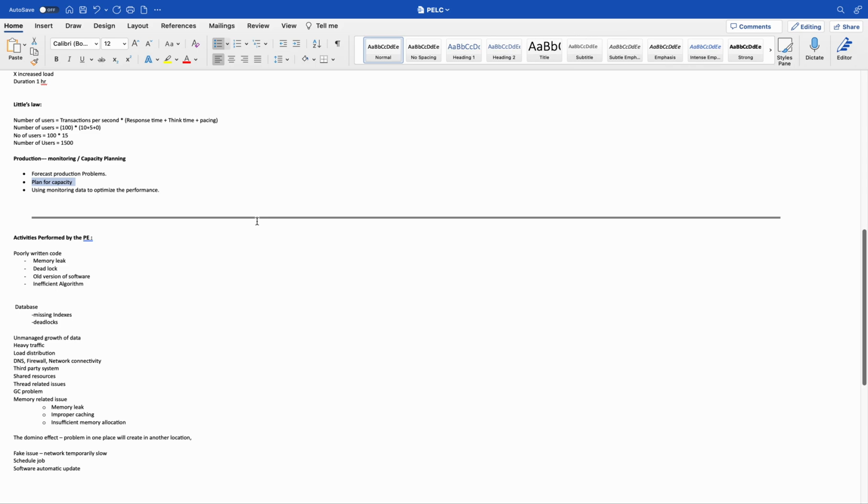Performance metrics also we can consider. Define the performance metrics, establish key performance indicators that can help to monitor and measure the system performance. Next one is to set the performance target, determine acceptable performance thresholds, and define the goals for response time, throughput, and other relevant metrics.